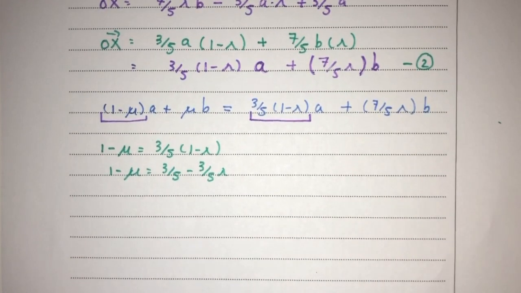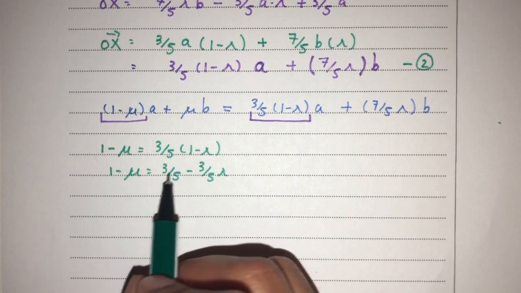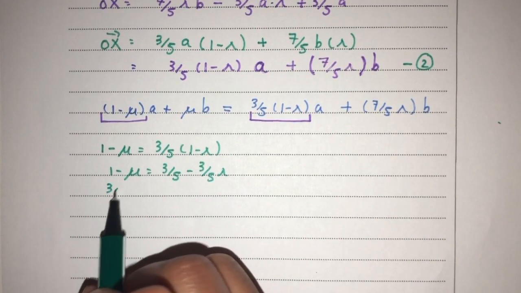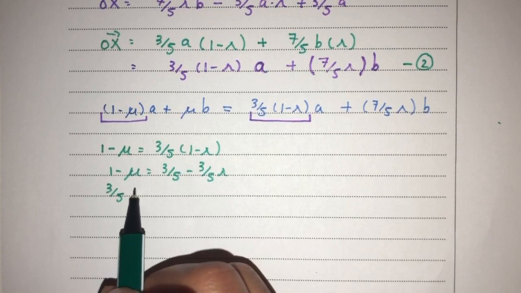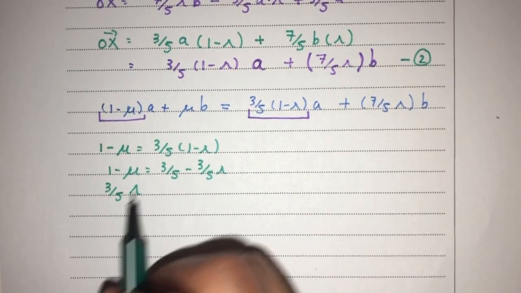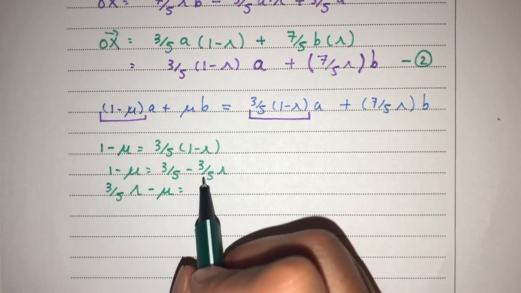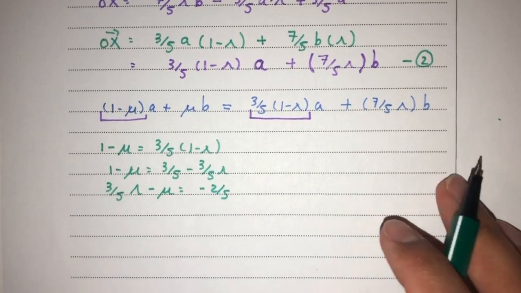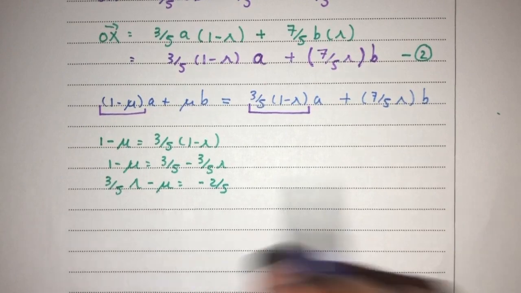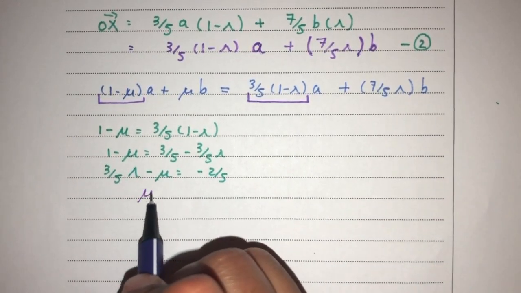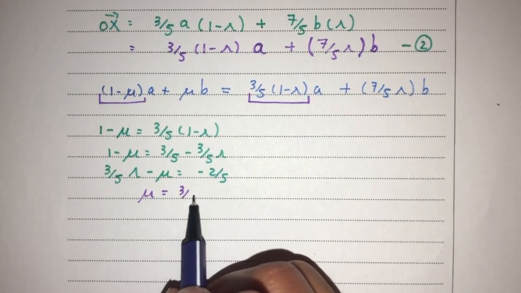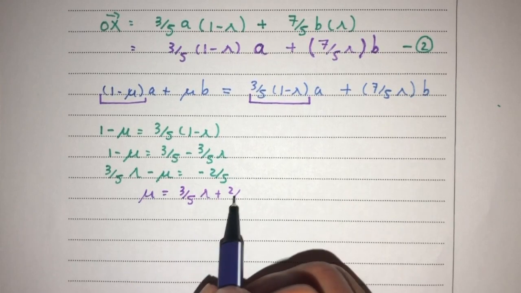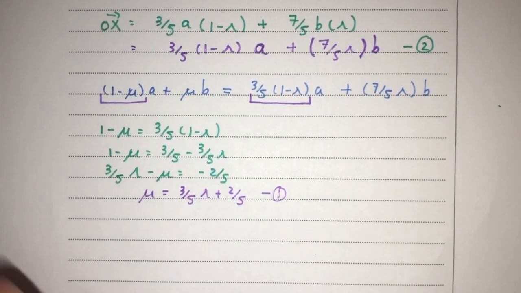Let's solve. We can send this to this side. You will have 3 over 5 lambda, and minus mu has to be 3 over 5 minus 1 has to be minus 2 over 5. So let's make mu become subject of formula. So mu has to be 3 over 5 lambda plus 2 over 5. That is my equation number 1.